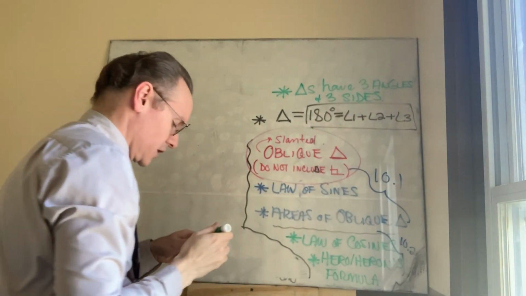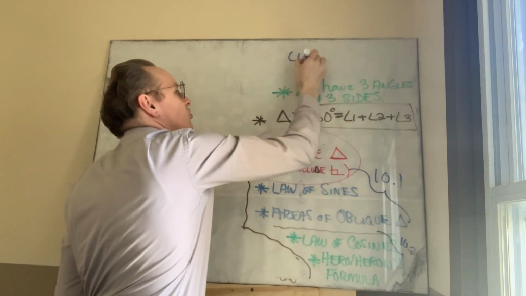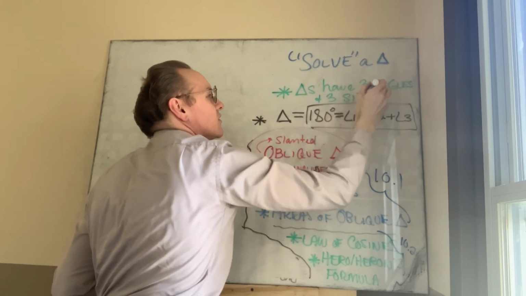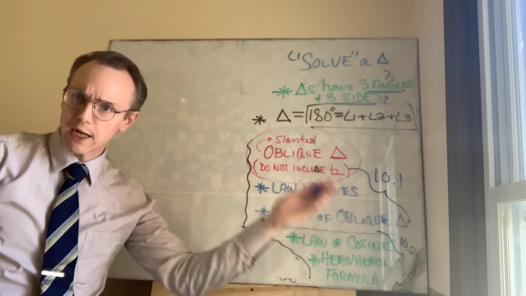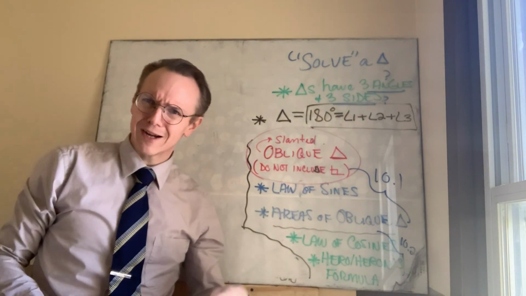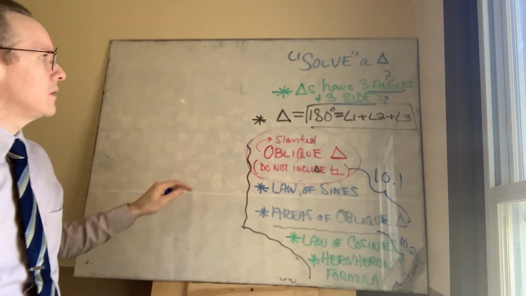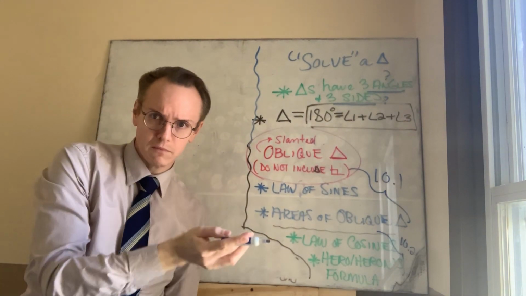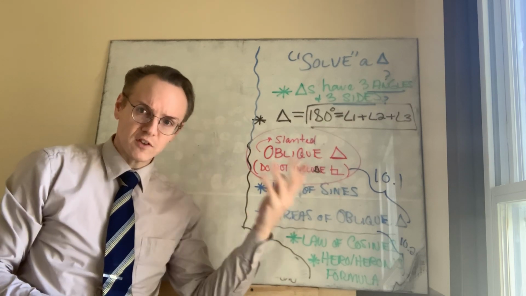And the reason I mention that, although it is self-explanatory, is that sometimes you are asked to solve a triangle, in which case you would have to determine all 3 angles and all 3 sides. So if you see that in the instructions, it says solve a triangle, and you have some of the parts given to you, via the law of sines, because that's the material for today, you could figure out what the missing dimensions are.